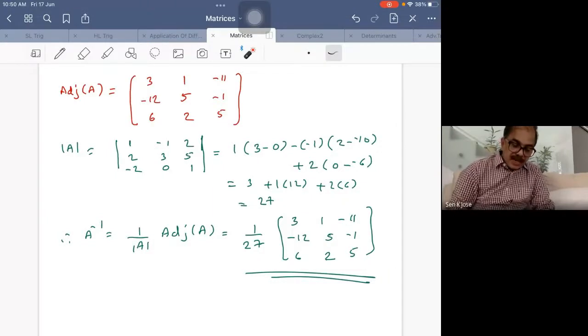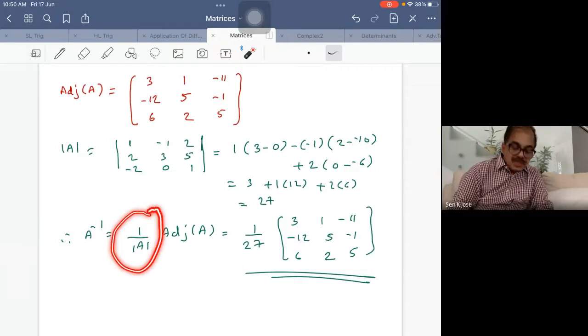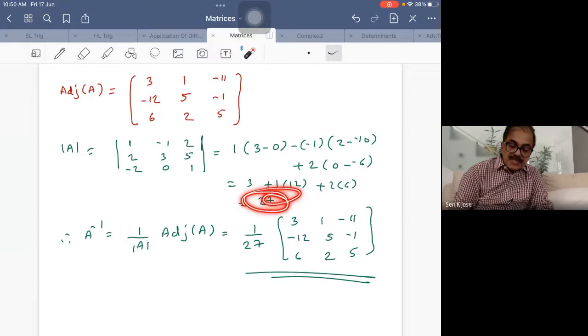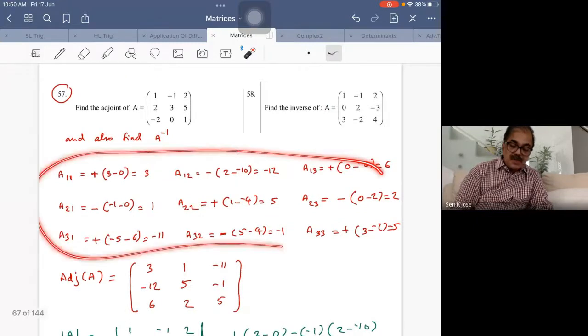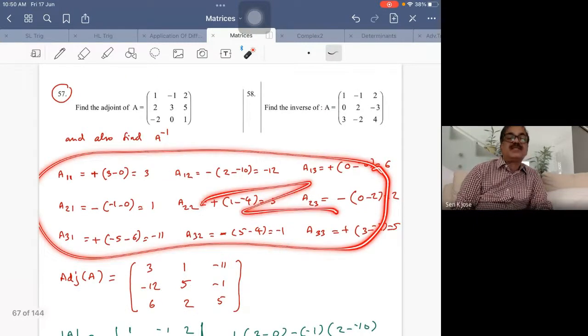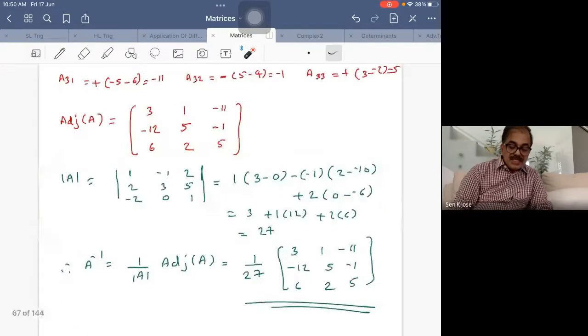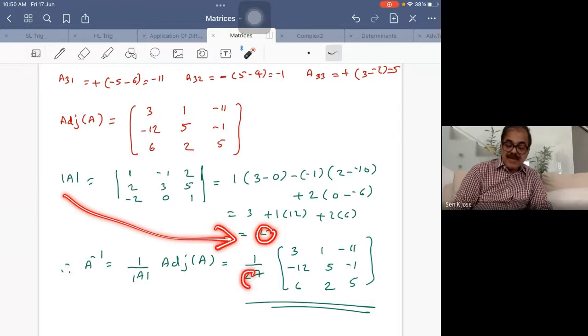Yeah, I was trying to tell you this result. It is a good idea to find out determinant A first. Because just in case your determinant turns out to be 0, then you don't have to go ahead and do this, because we know we will end up dividing by 0, and division by 0 is not possible. So why should we spend so much time finding all these cofactors? Do you understand what I'm saying? In case your determinant A turns out to be 0, I will end up dividing by 0.